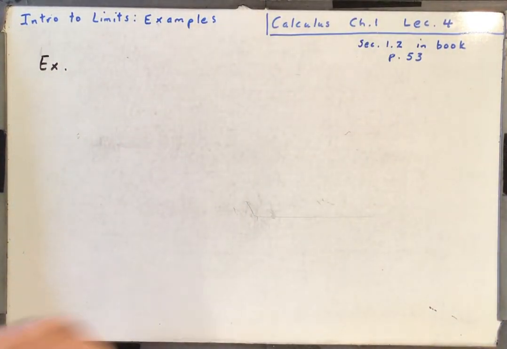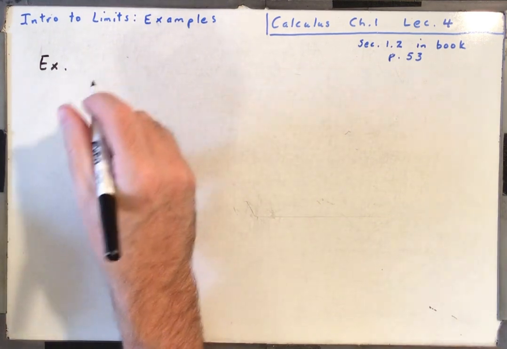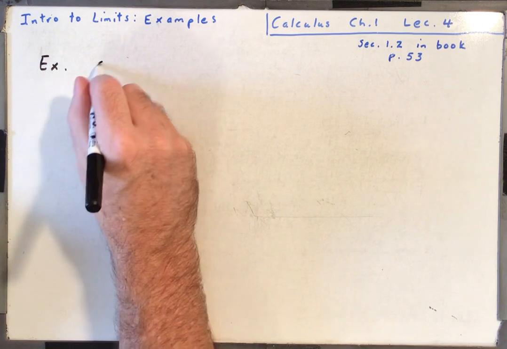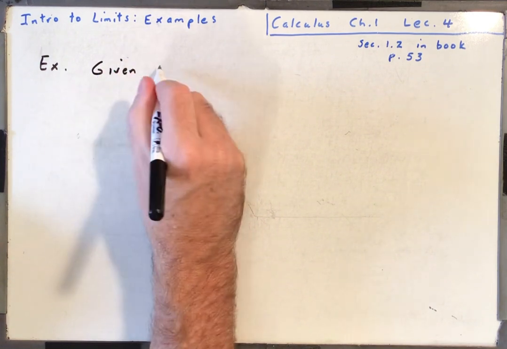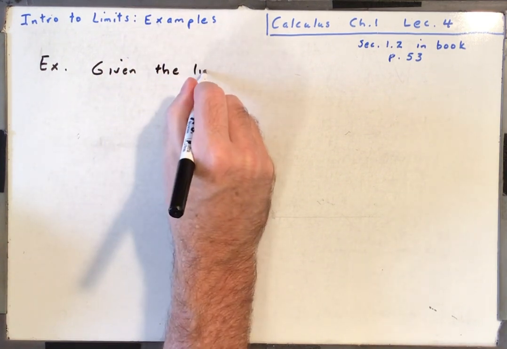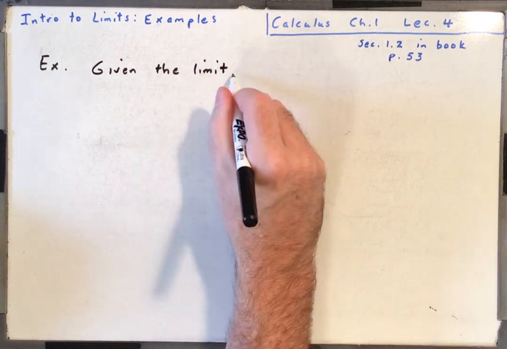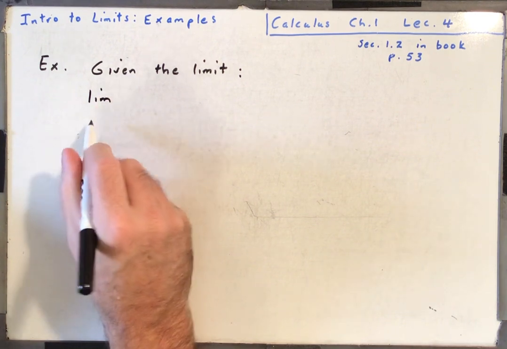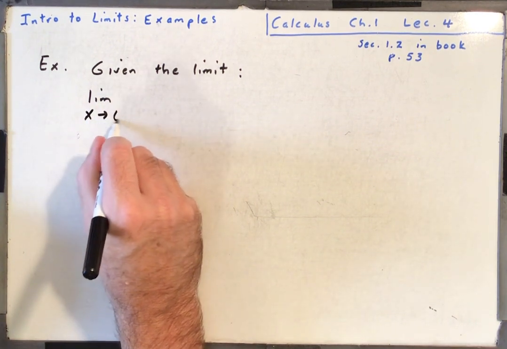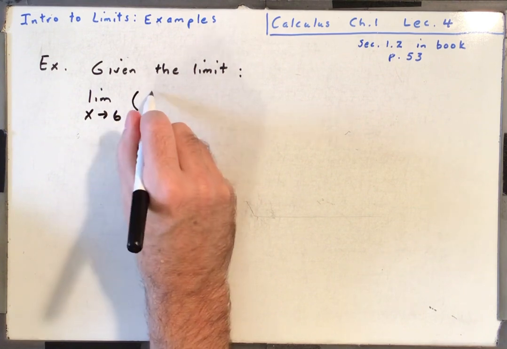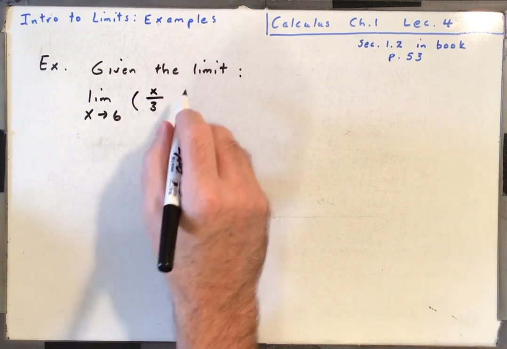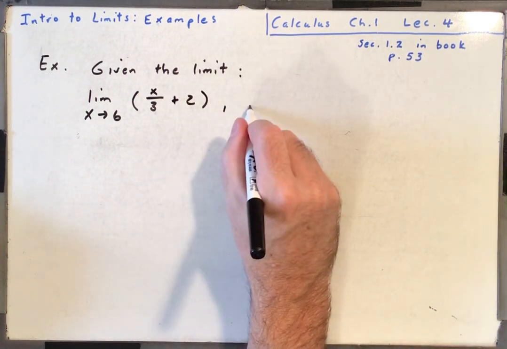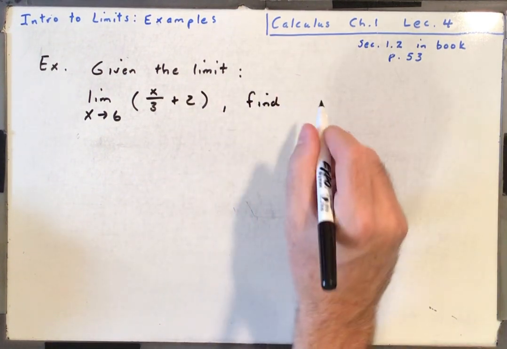So given the limit as x approaches 6 of x over 3 plus 2, find the largest value of delta.